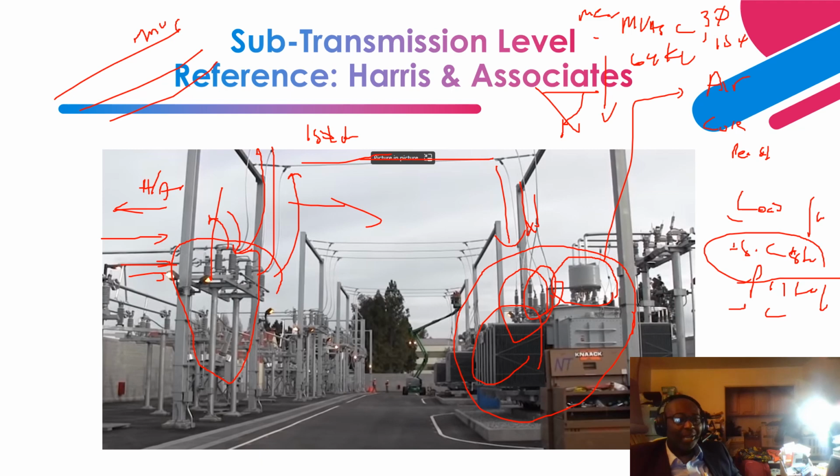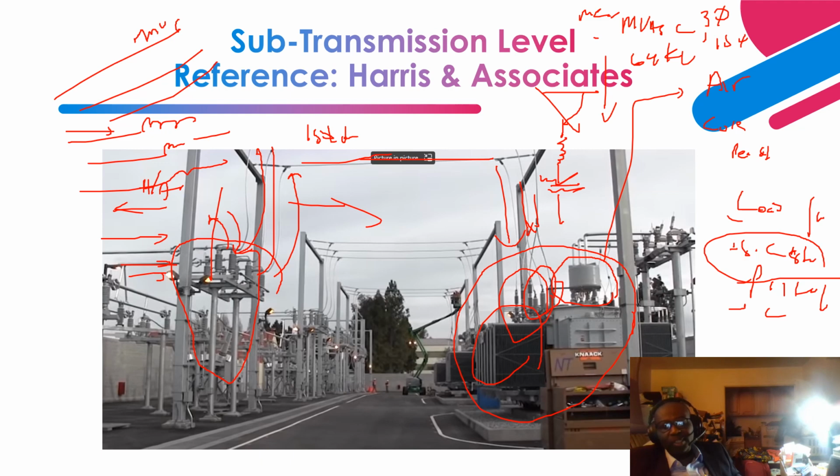That is when I utilize this reactor to limit the amount of fault current that is going to flow from the source before it gets to the transformer.